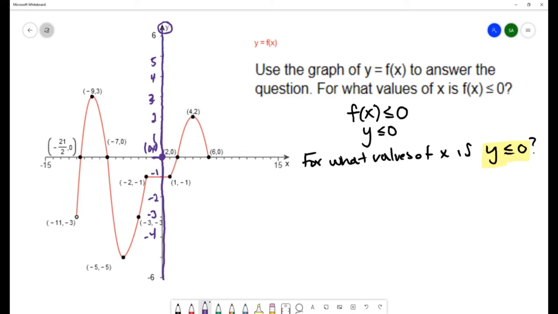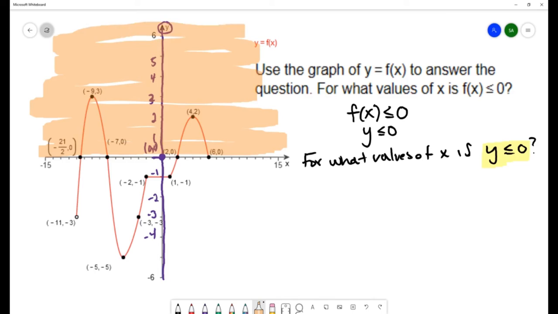So when we think about the y scale, I'm going to highlight in some different colors. When we look above the x-axis, everything above the x-axis will have a y value that is positive. So everything above has y being greater than 0, or we can think of it as f of x being greater than 0.